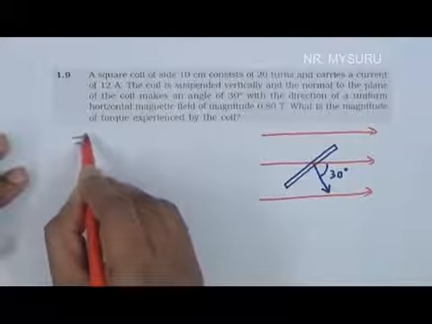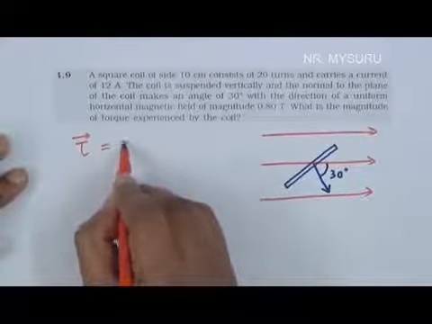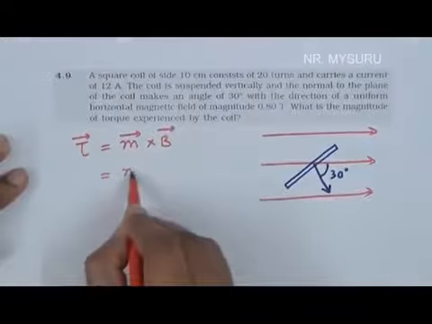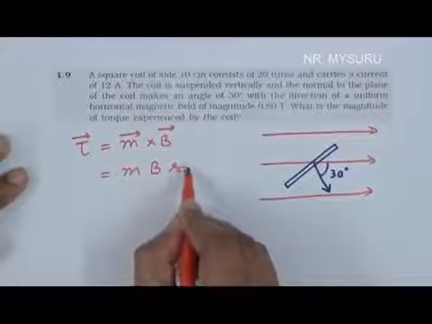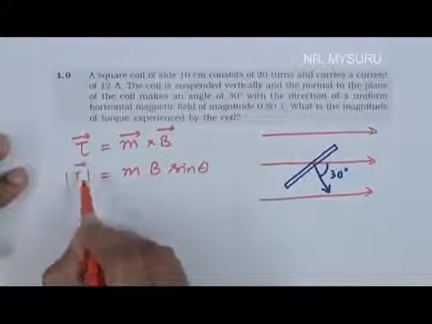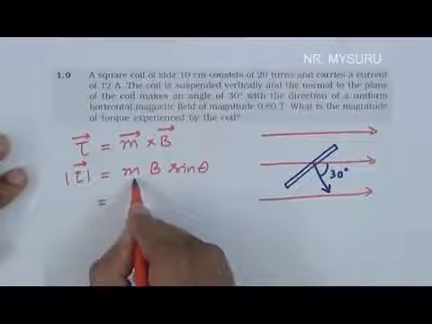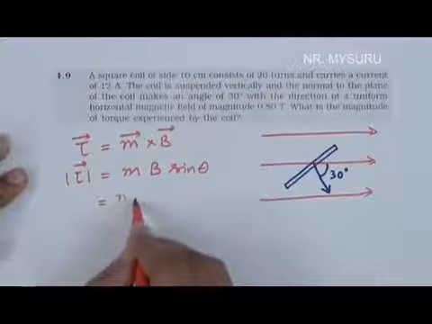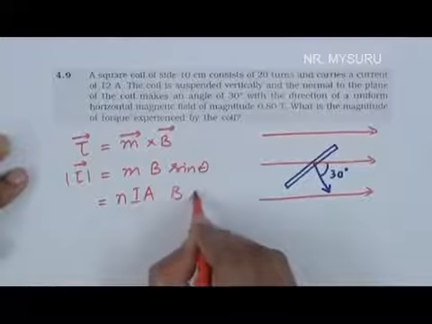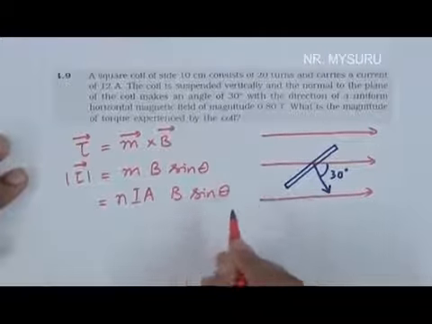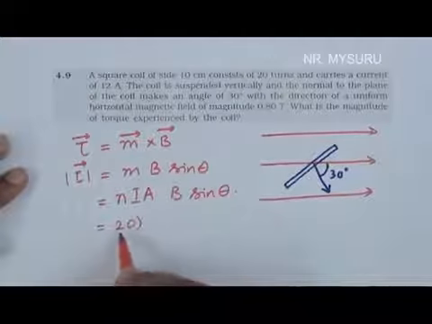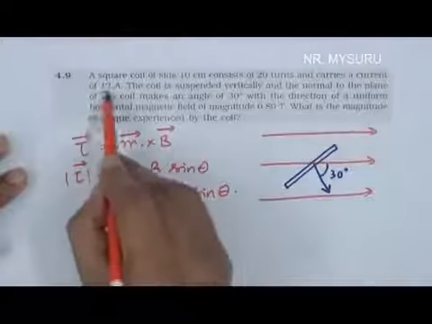Torque is given by m cross B, with magnitude mB sin θ. The dipole moment is number of turns × current × area, times B sin θ. The number of turns is 20. The current through the coil is 12 ampere.